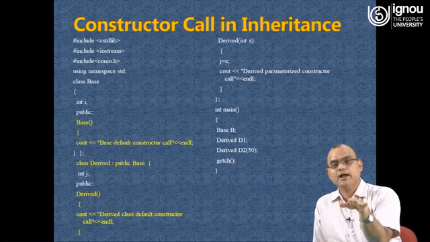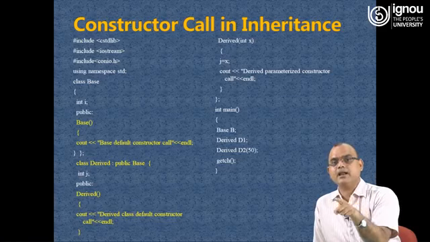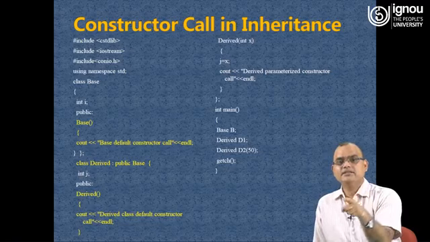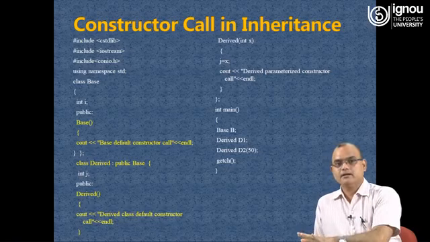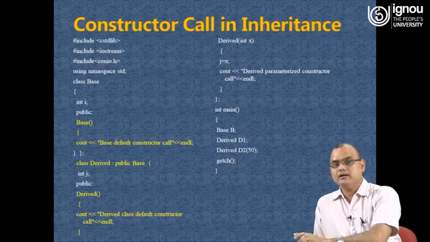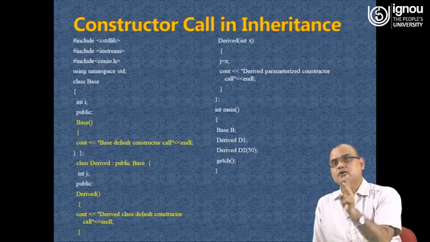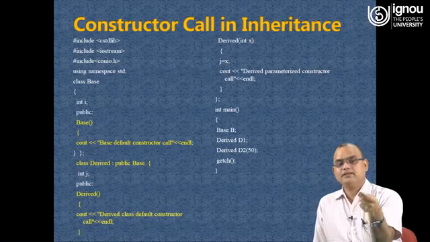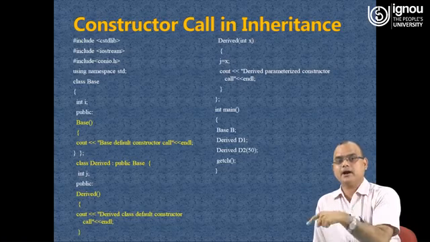Here you can obviously guess that base object B will call its own constructor, so it will display the base default constructor message. But what about D1? D1 will call two constructors. First it will call the constructor of its base class, and then it will call the constructor of the derived class, that is the derived class default constructor.